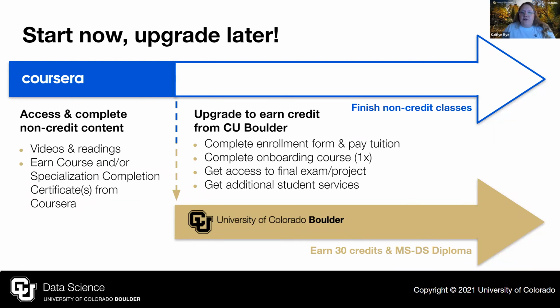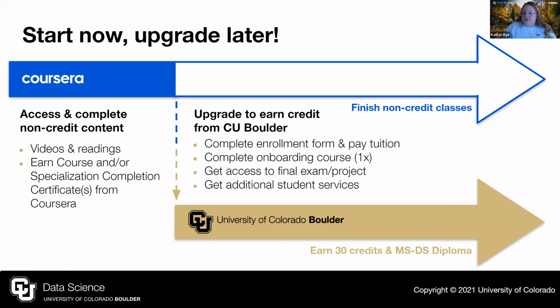Allow an extra 1 to 2 days to complete them. After you complete the onboarding course and steps, you'll gain access to the final exam or project that's exclusive to the 4-credit version of the class.